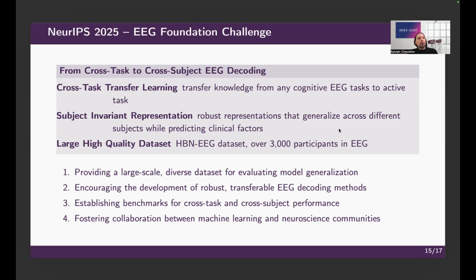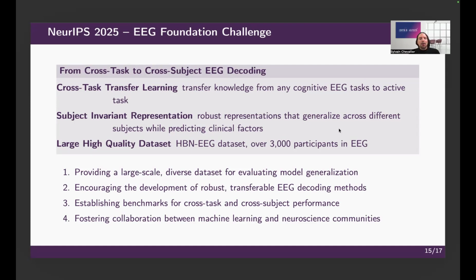Also, one very big challenge is to extract robust representations that are subject invariant and that generalize very well across different subjects. And especially, we are interested in predicting clinical factors that are very important for the One Health approach and that are widely used in different medical professions.